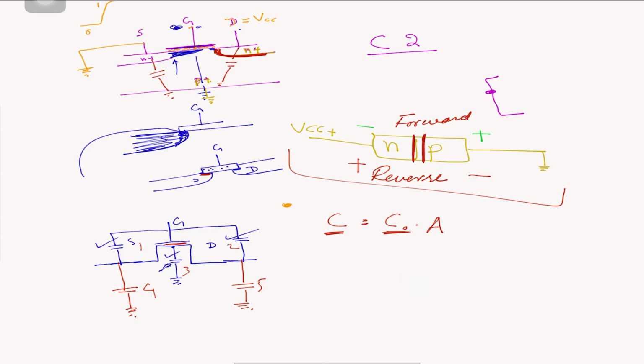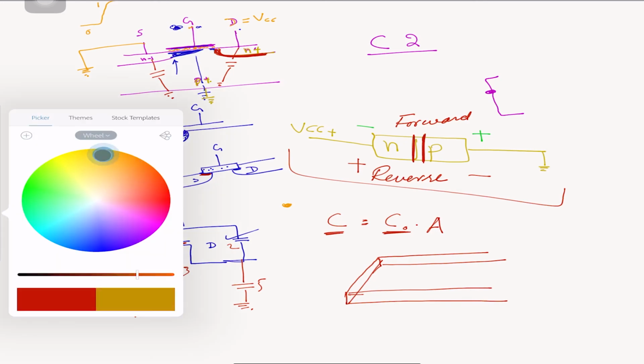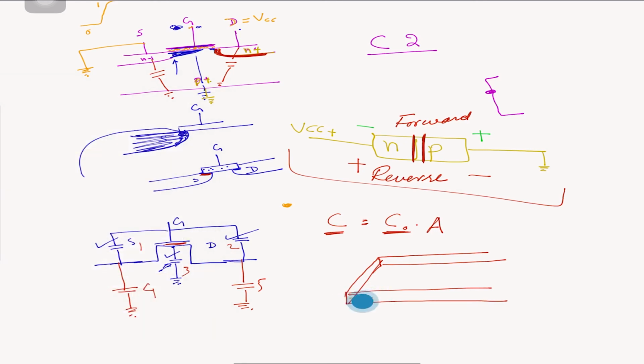Let's do it quickly. Okay, so this was silicon dioxide. I should make a new color.